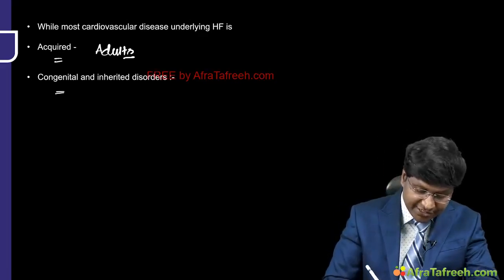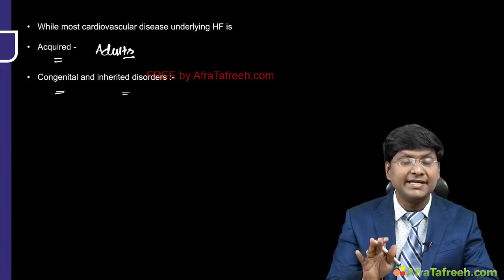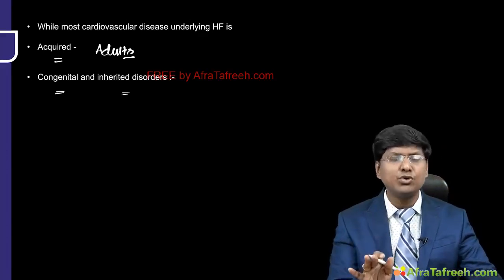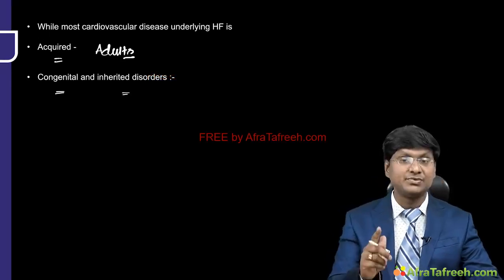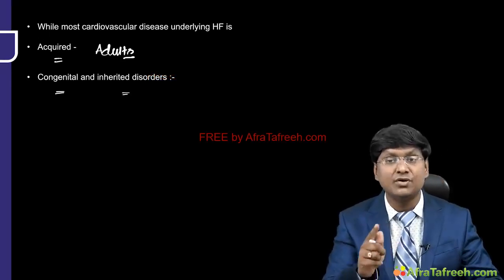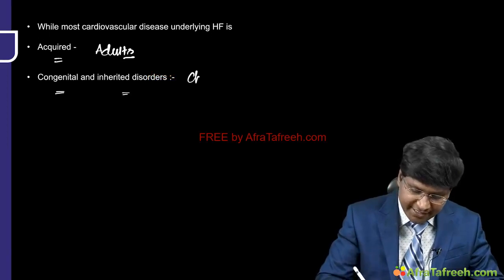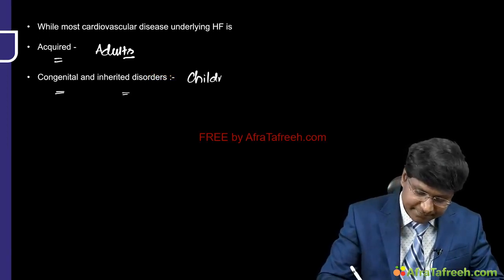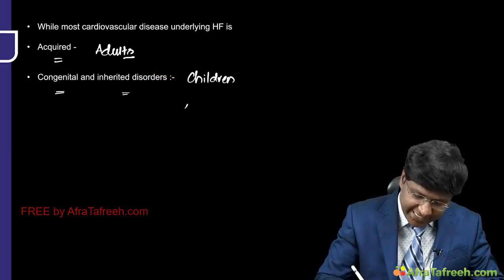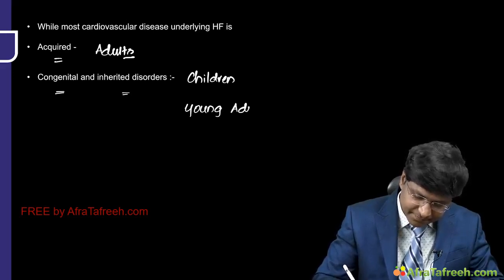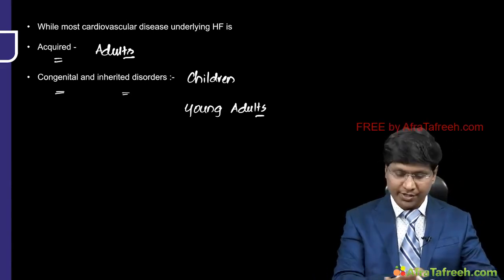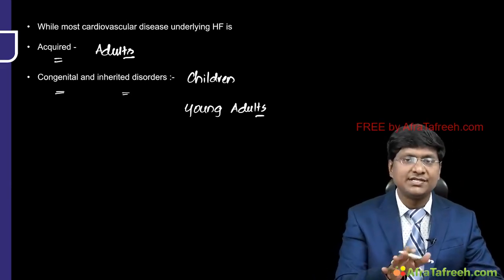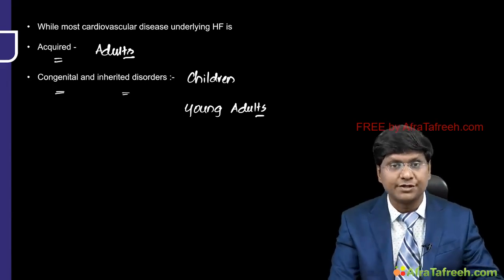Whereas the congenital as well as the inherited disorders, most of the time, though not always, are the leading causes of heart failure in children as well as young adults. So this is about the etiologies in adults and etiologies in children.